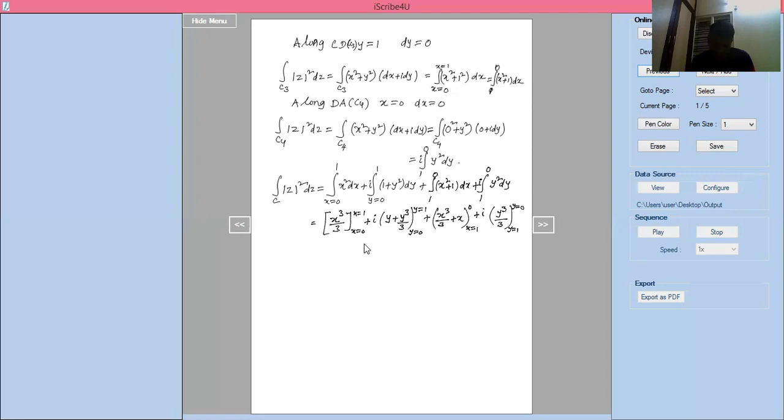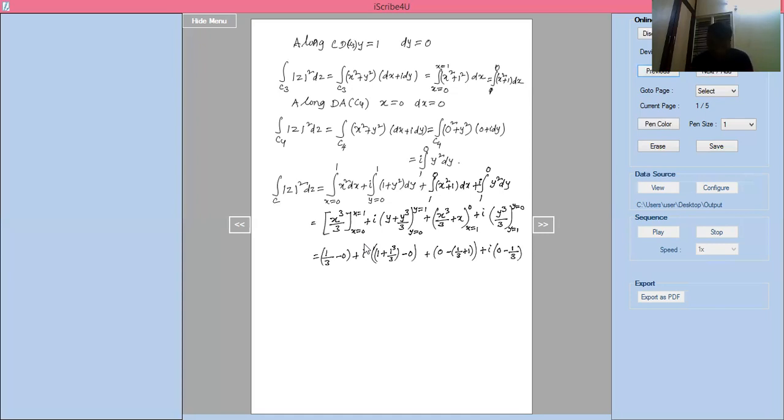Now if I substitute these limits, this is 1 by 3 minus 0 plus i into 1 plus 1 cube by 3 minus 0, plus 0 minus of 1 by 3 plus 1, plus i into 0 minus 1 by 3.